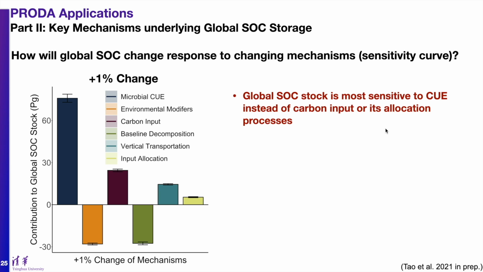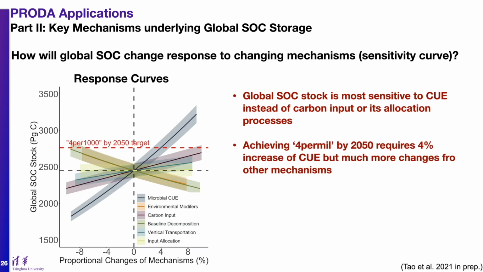If we put such a sensitivity curve in a specific context, for example, increasing global soil organic carbon storage by 4 per mil each year to mitigate climate change, increasing carbon use efficiency is apparently the most plausible solution.